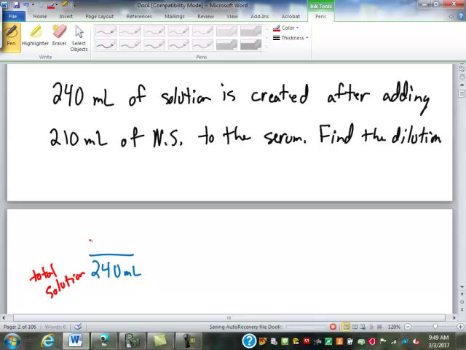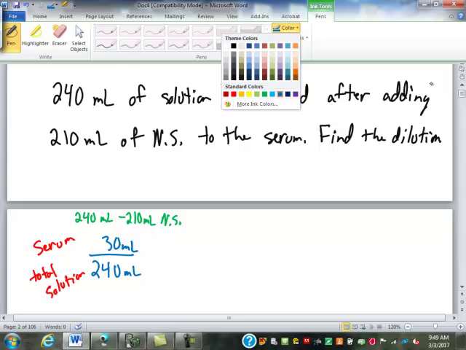What's supposed to describe the top number? The top number is supposed to be parts of serum. Okay, where did the 30 come from? Perfect. Yeah. Total is 240 milliliters. That includes 210 milliliters of water, of normal saline. So that means the difference, 240 minus 210, is 30 milliliters of serum.